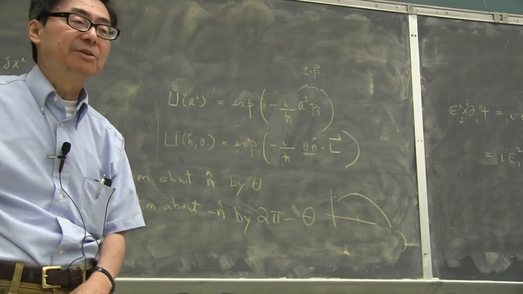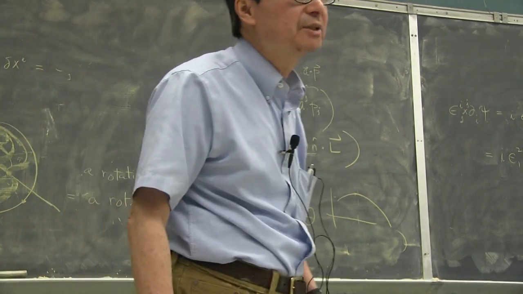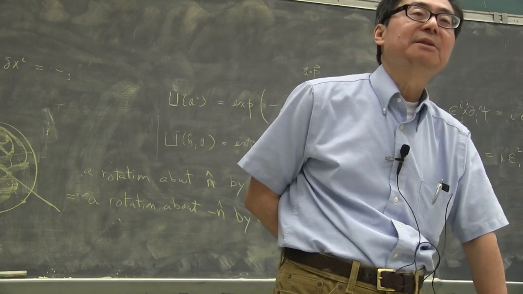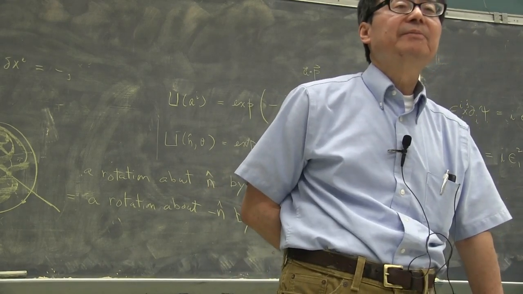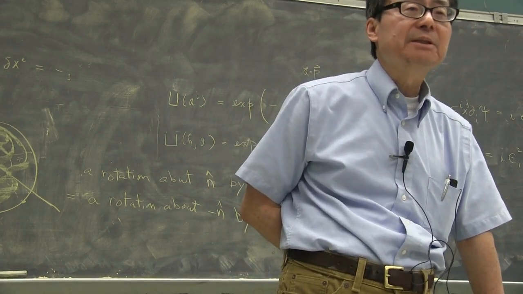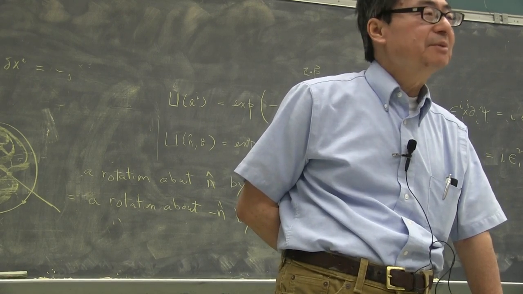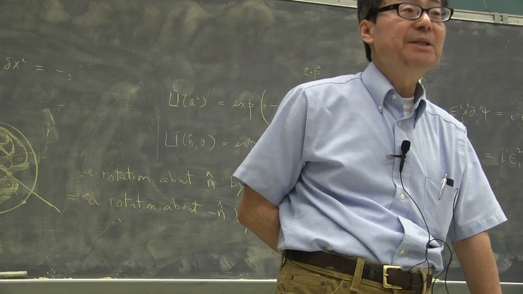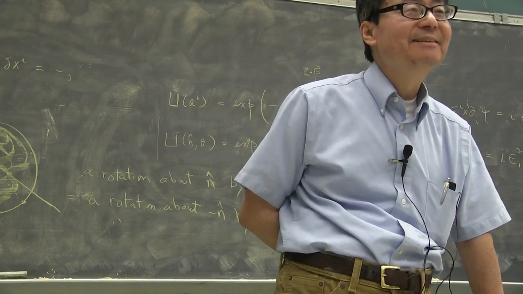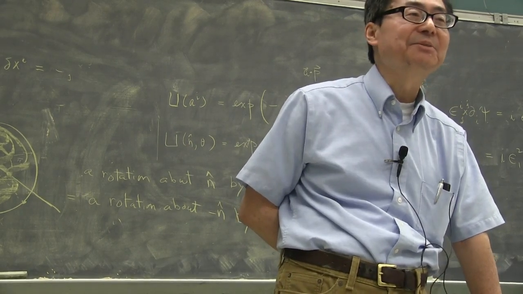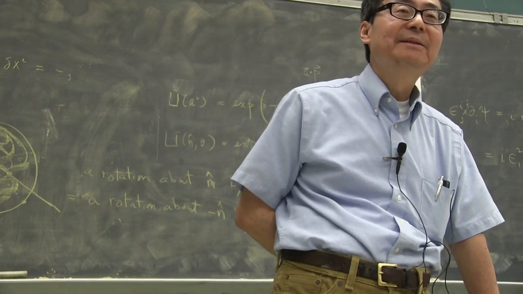You can think of those functions as things living in a vector space. What is that vector space called in quantum mechanics? Hilbert space. What is the dimension of some typical Hilbert space? Infinite. The dimension of a Hilbert space is infinite in general.